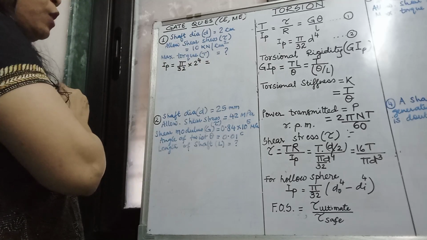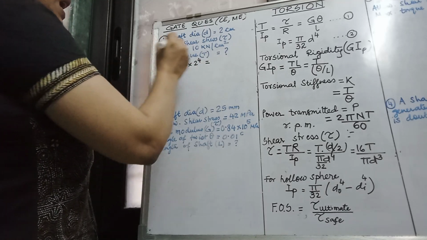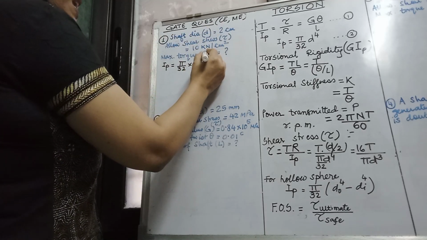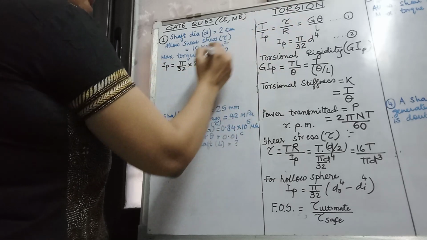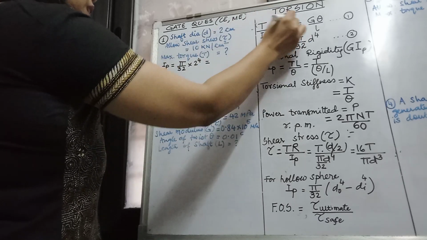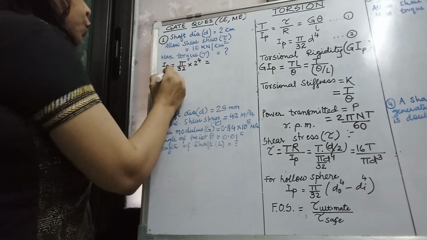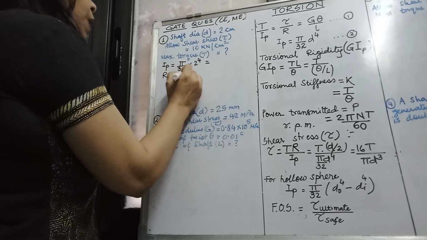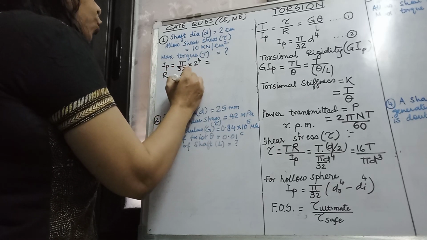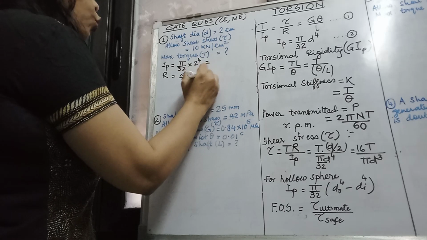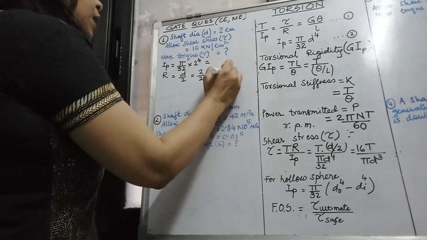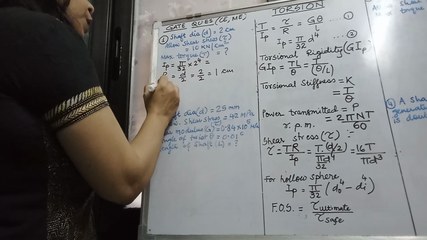We can find this value of IP. This tau is given, and T we will find using the first and second formulas, correct? Here R is equal to D by 2, that is 2 by 2, 1 centimeter.